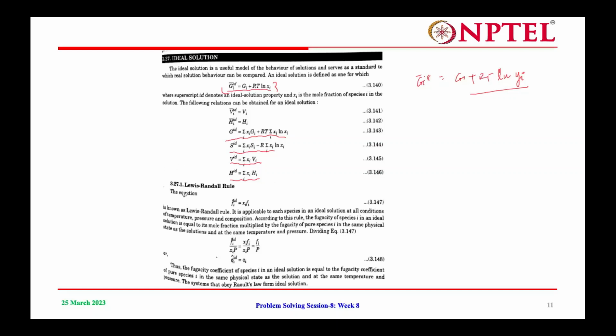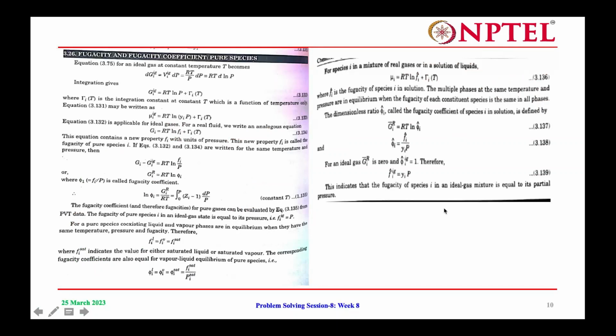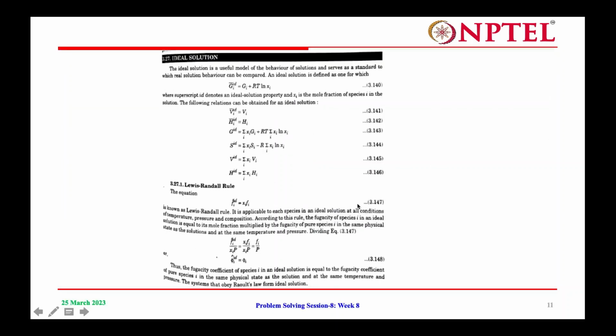Next is the Lewis-Randall rule. Here, for ideal solutions, f_i bar equals x_i f_i. For gas mixtures, f_i bar at ideal conditions equals y_i times the total pressure. So for ideal solutions, f_i bar at ideal solution equals x_i f_i.